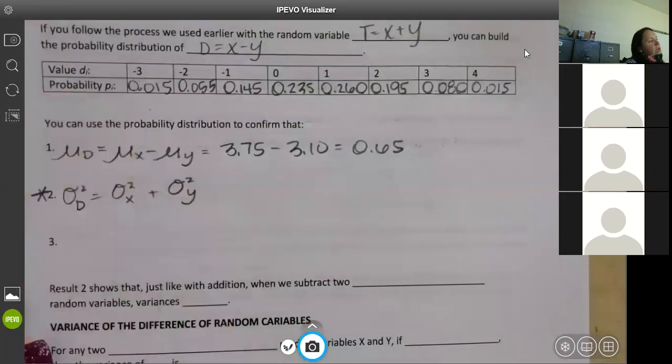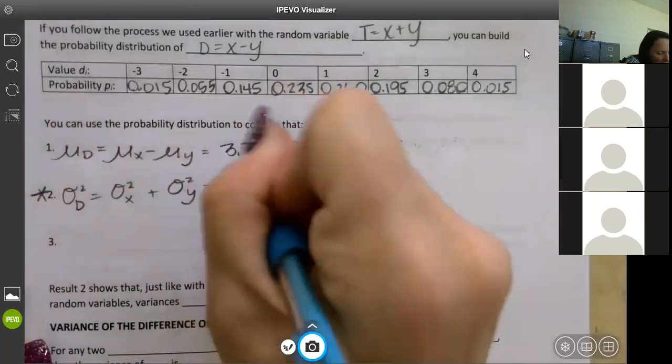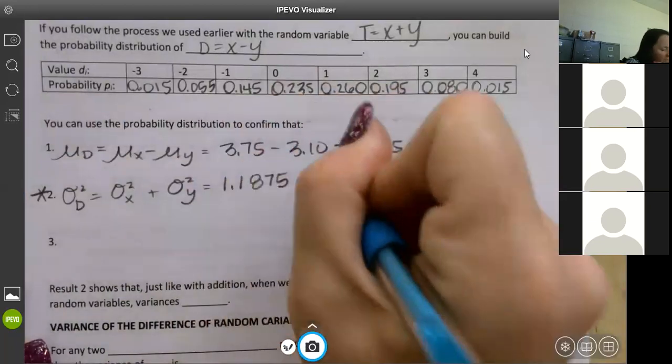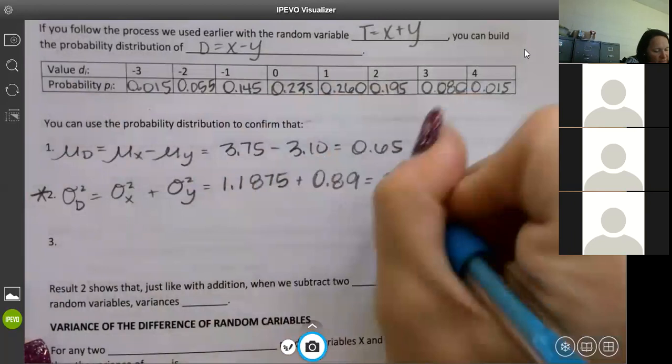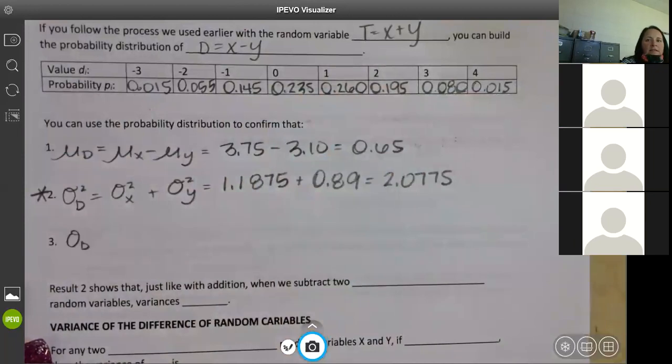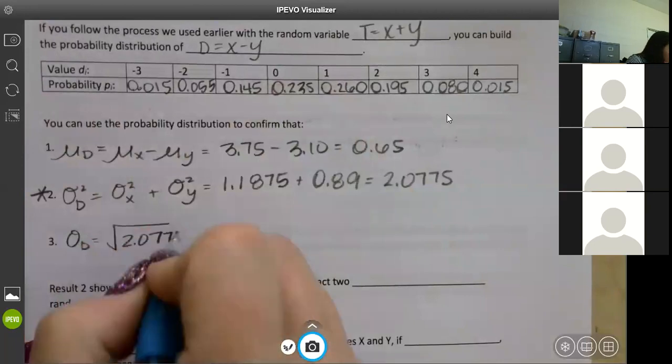For variances, we always add. We've already been through this once, okay? So we get 1.1875 plus 0.89 is equal to 2.0775. And then to find the standard deviation, we take the square root of 2.0775, which gives us 1.441.